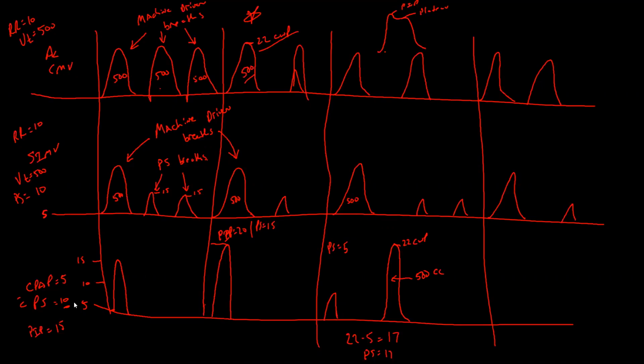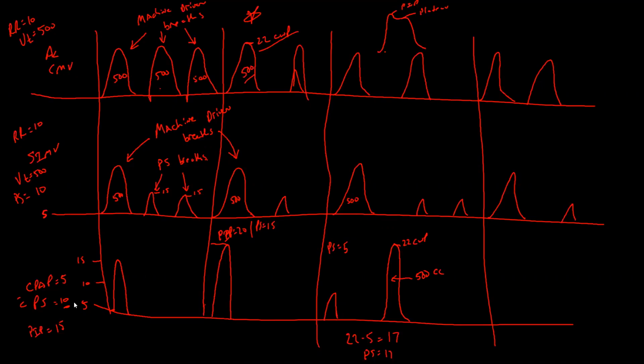However, there's a higher work of breathing associated with a pressure support breath than there is with an assist control breath that's completely given from the ventilator. Because with the pressure support breath, the ventilator only gives you that pressure support while the patient is actively trying to breathe in that air. So here's the difference.